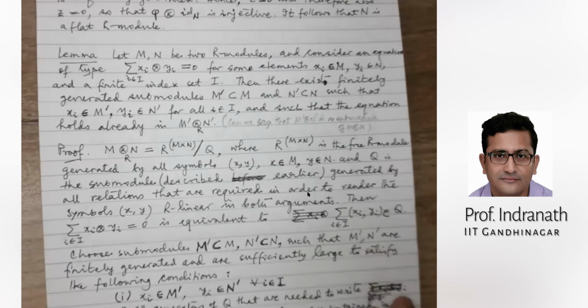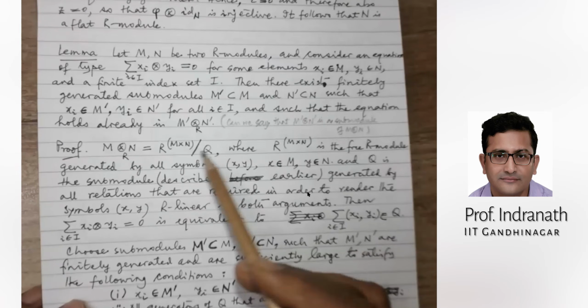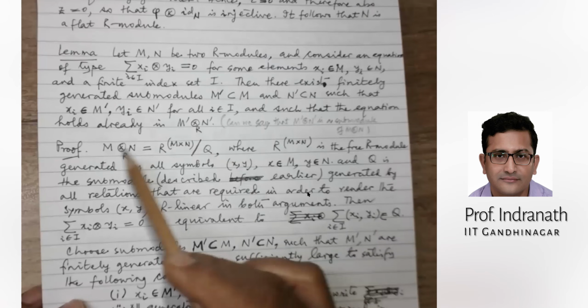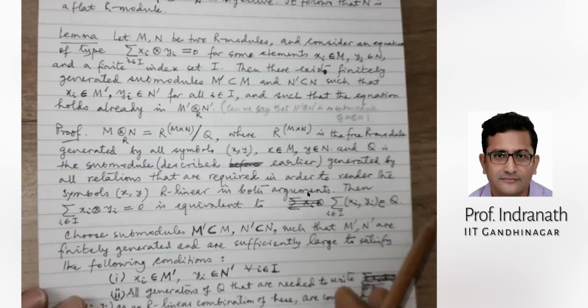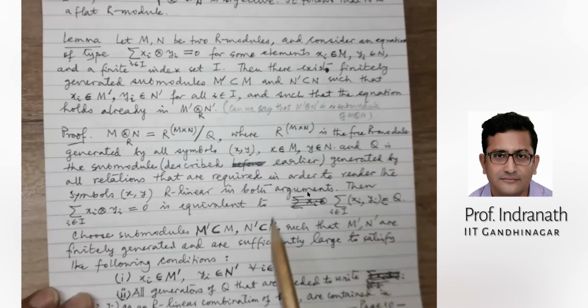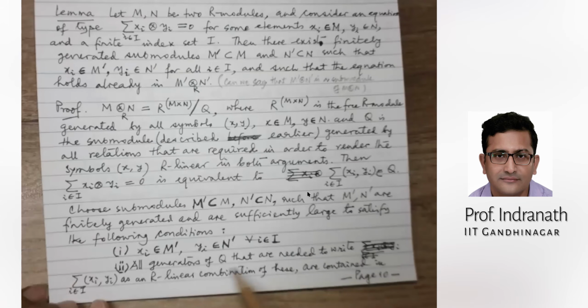So how do you handle this using the tensor product construction is very simple. Basically, you have to choose a good enough submodule which contains all these xi's and yi's. And you have M dash contained in M, N dash contained in N. That is obvious because you choose the submodule generated by the xi's and the submodule generated by the yi's. And then you take all the generators of Q that are needed to write this as an R-linear combination.